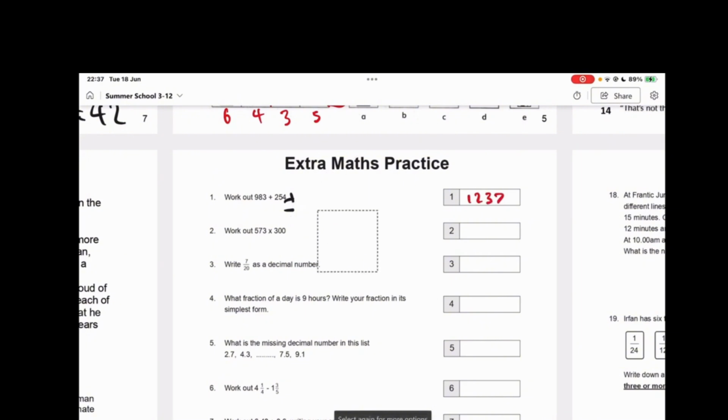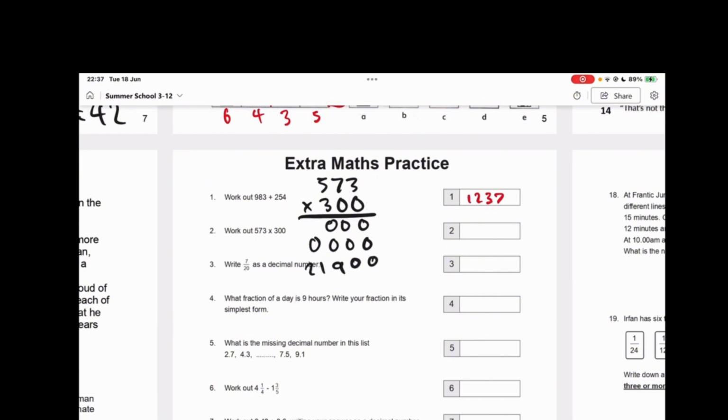Okay, now just making some space. 573 times 300, so 573, 300. So first you multiply by 0, and that will be 0, 0, 0, add your 2 zeros, and then 3 times 3 is 9, 7 times 3 is 21, 5 times 3 is 15.